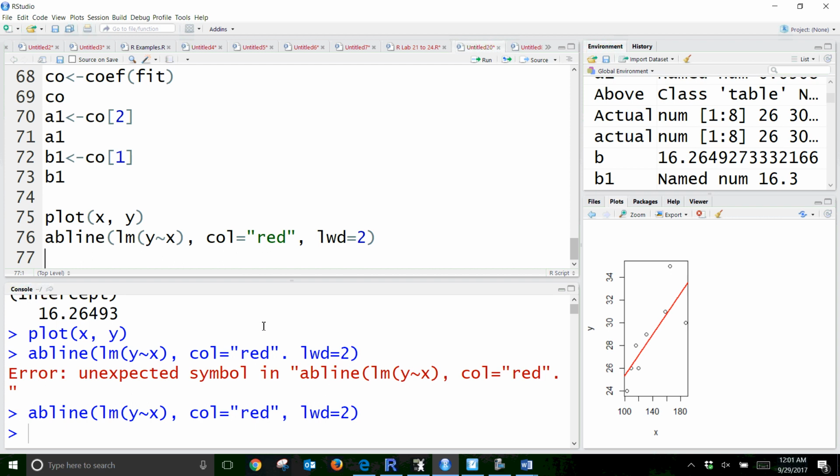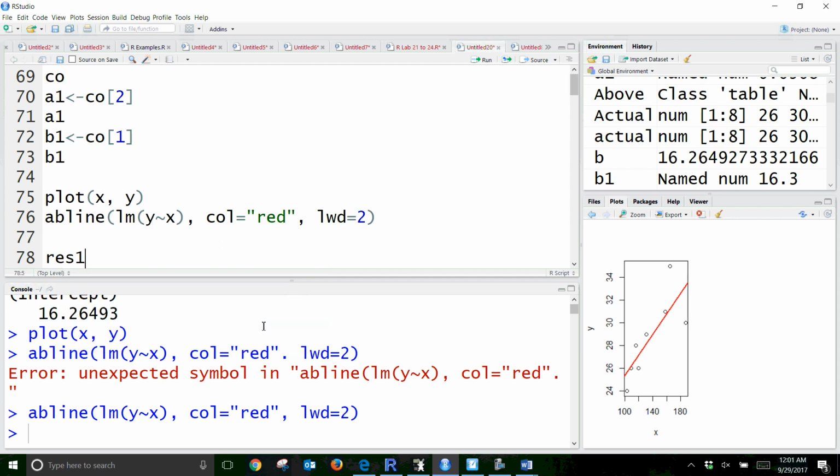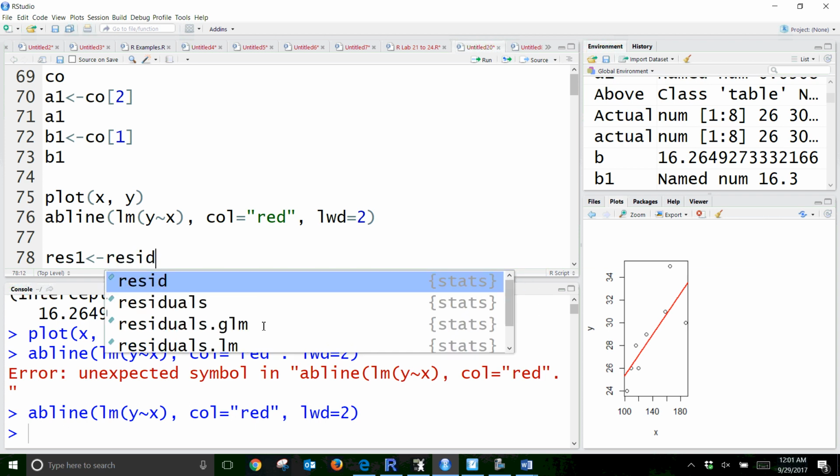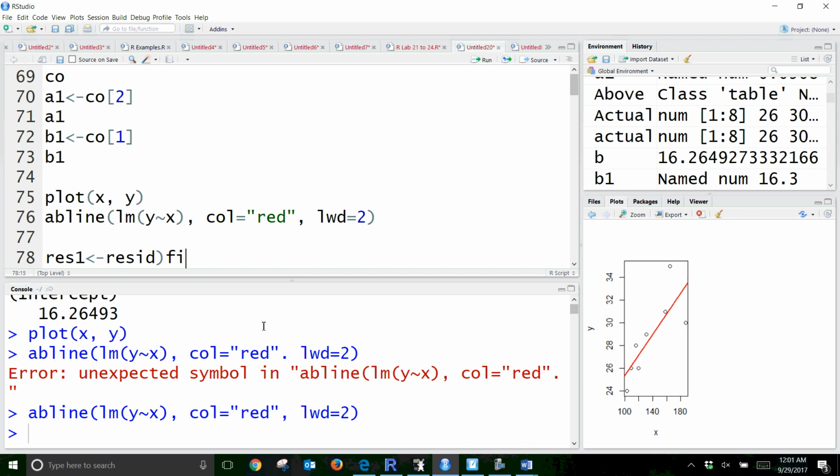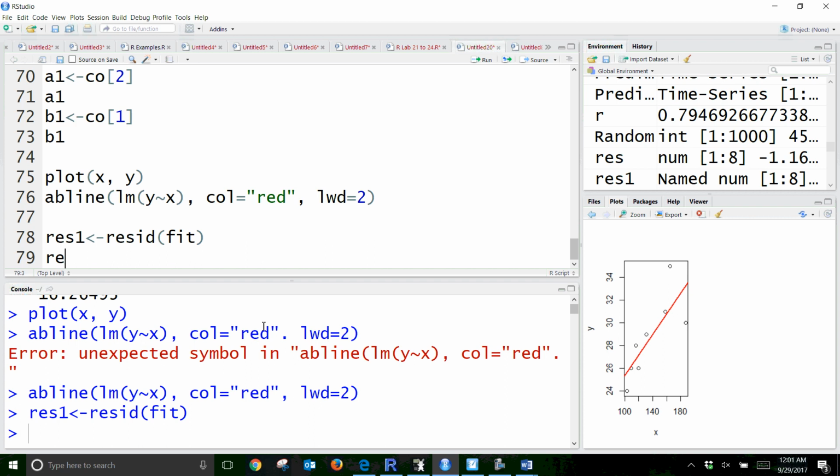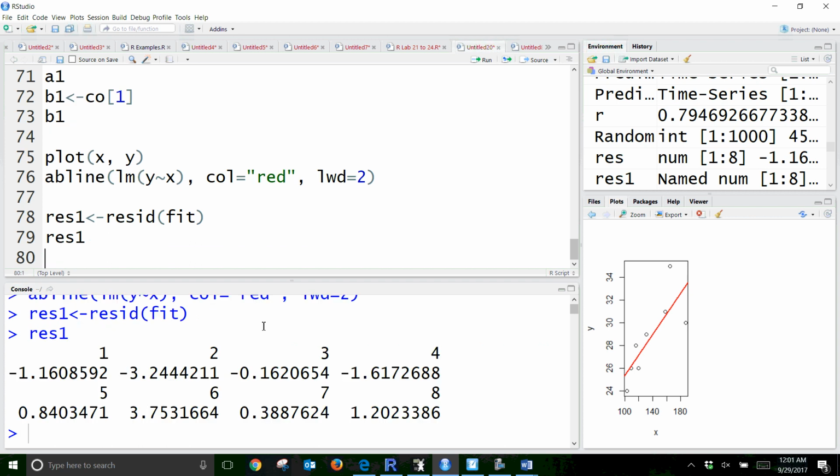If you want to take a look at residuals, call it res1. This is actually a resid function, residuals of fit. Okay, if I take a look at those, we should see that those are exactly the residuals we found earlier.